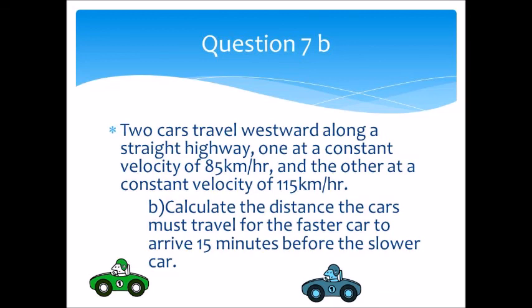Then part B asks, calculate the distance the cars must travel for the faster car to arrive 15 minutes before the slower car. This one again, I know the velocity of car 1 is going to be 85 kilometers an hour, and the velocity of car 2 is going to be 115 kilometers an hour.